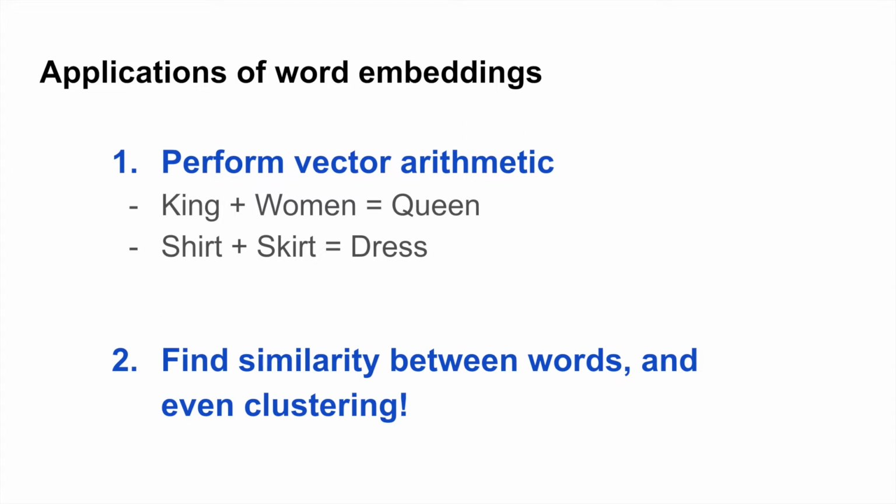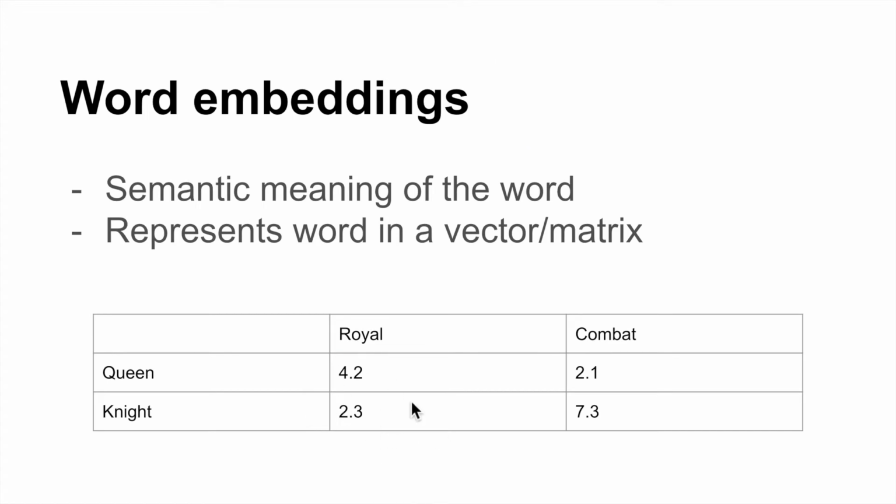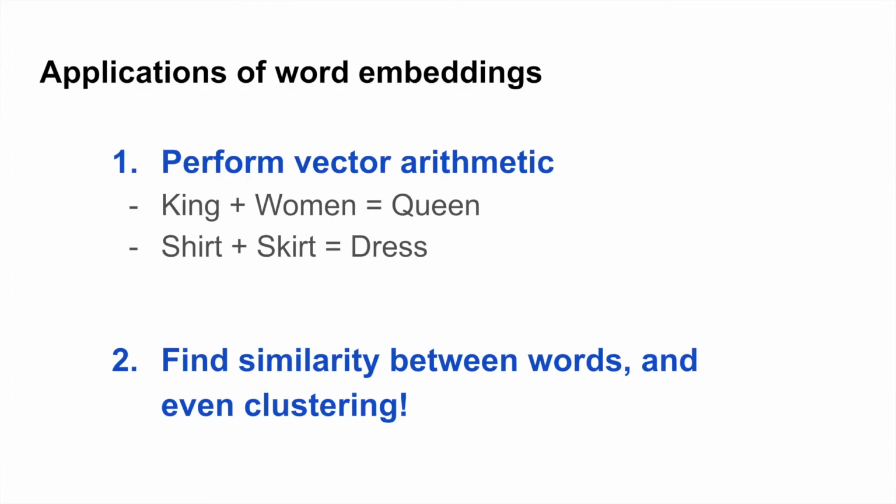Because the values would have been added or subtracted such that the values are near to the feature values of the word queen. The same goes for, let's say, shirt plus skirt, and then we would get something like dress.